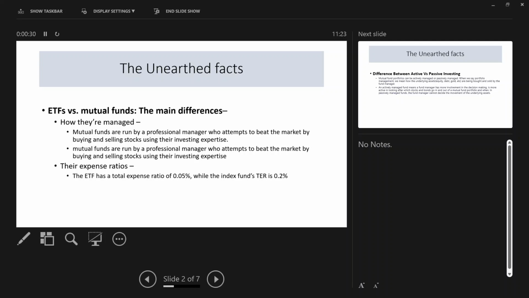They hire an expert, maybe someone who has done CA or that level, and he's expected to beat the market. He picks certain stocks and creates a mutual fund, and he tries to beat the market he is competing with.